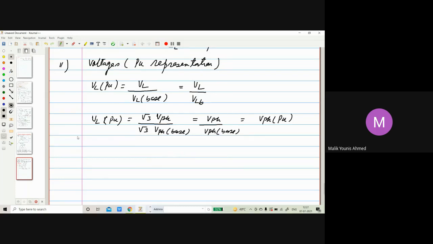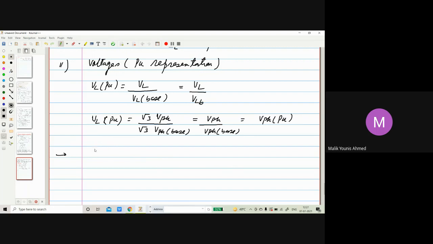So we can write, the same electrical relationship exists in base and per unit as in case of the absolute.